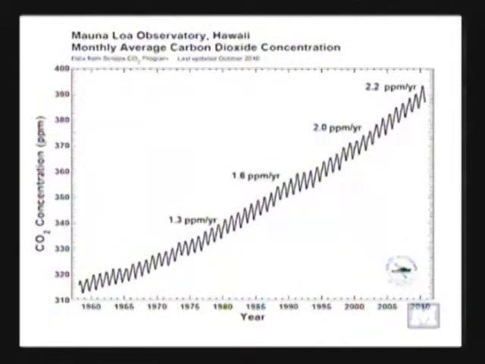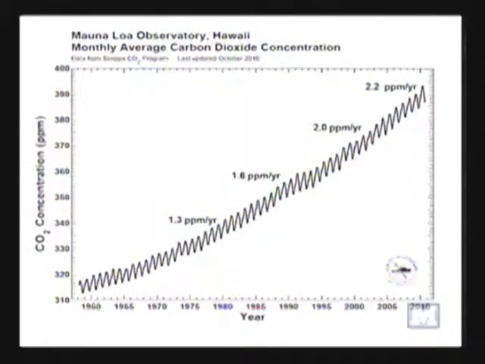And the rate at which it's climbing in the atmosphere is increasing. In other words, there's an acceleration of the greenhouse gas concentrations in the atmosphere, which means that the temperatures are going up even faster. And so this is a warning sign in a sense that something should change, or else we're going to have serious consequences.